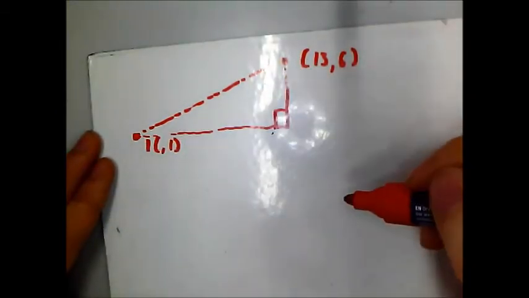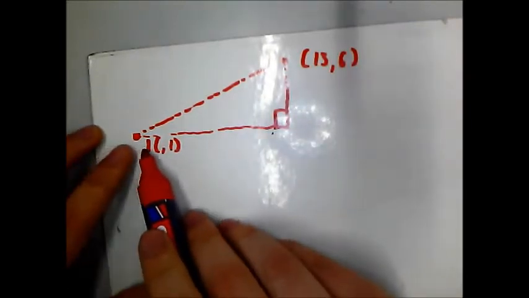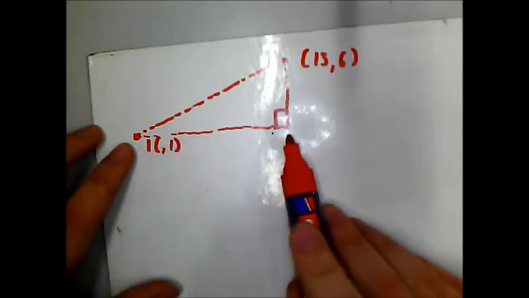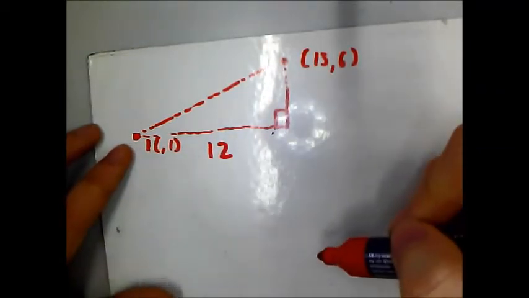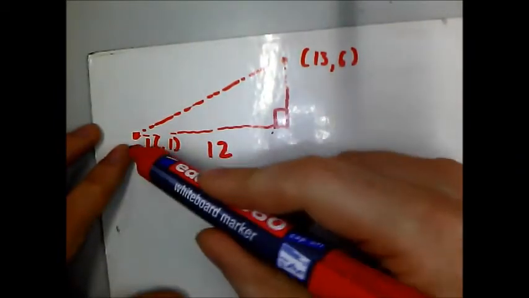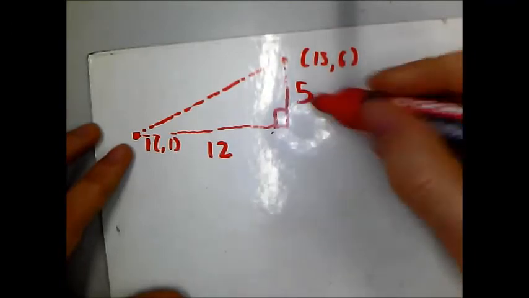So the length of this starts at 1 and goes to 13, so its length is 12 units long. This one starts at 1 and goes up to 6, so it is 5 units long. Now I can use Pythagoras' theorem to work out the hypotenuse.